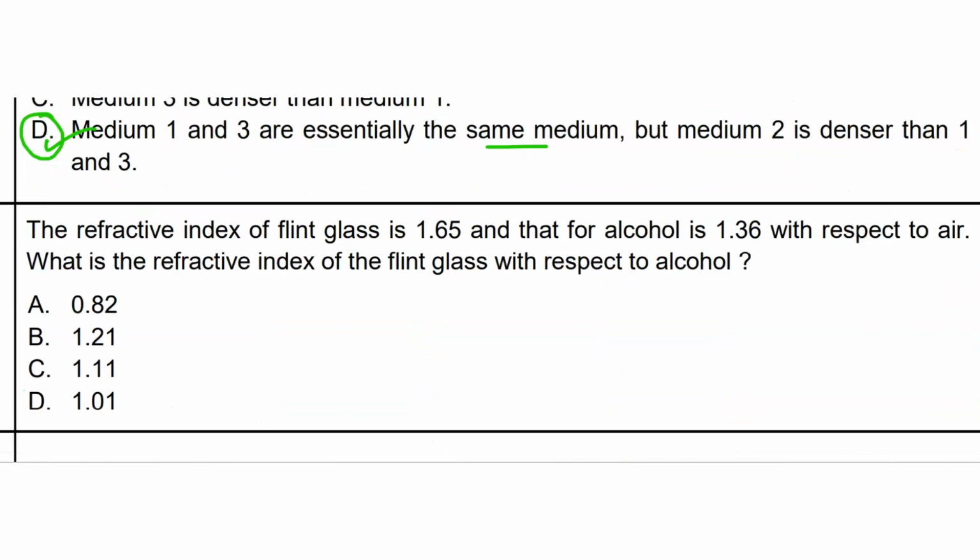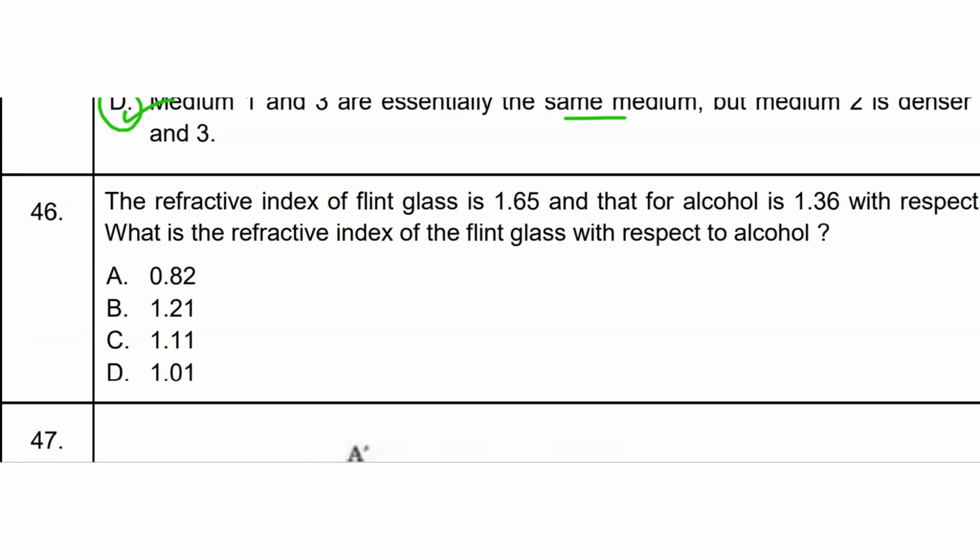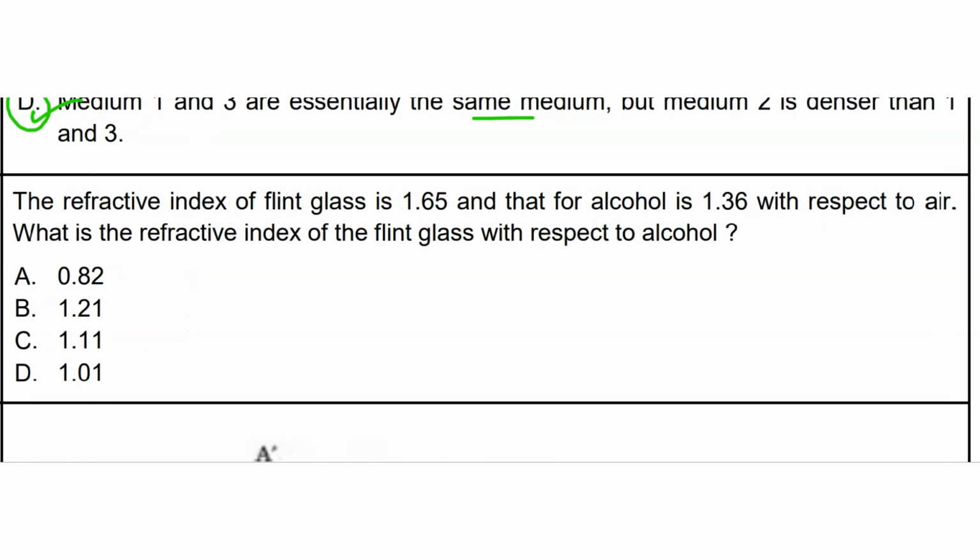Next question is question number 46. The question is: the refractive index of flint glass is 1.65 and that for alcohol is 1.36 with respect to air.